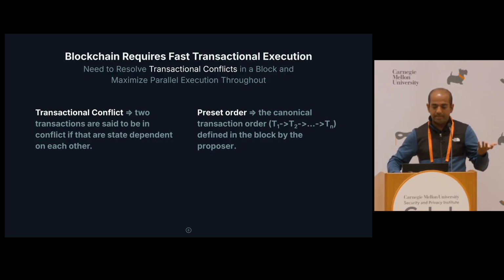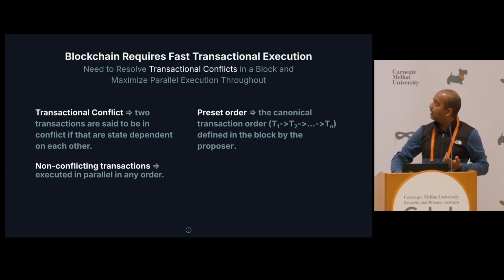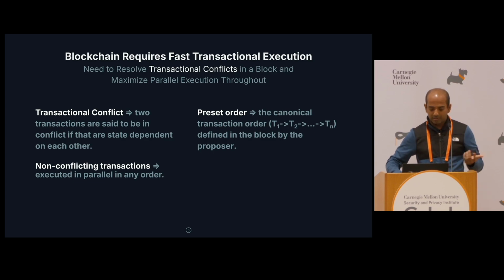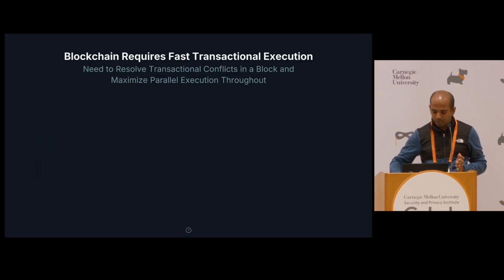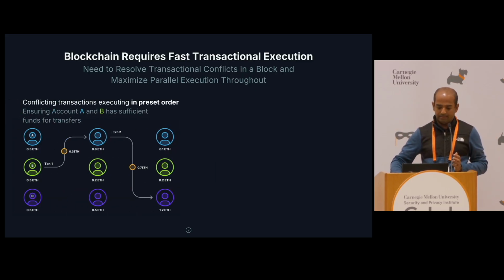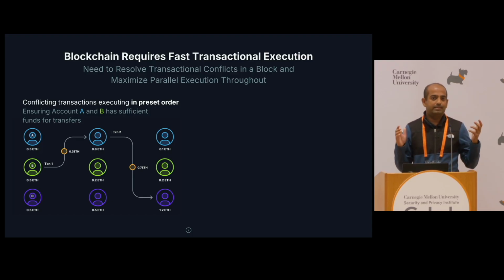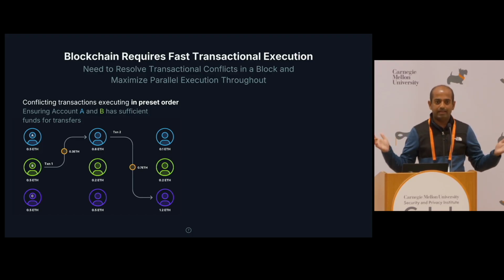Given that this preset order has to be respected, and we are still trying to get the maximum amount of parallelism, how do we do this? This is a very classic problem that manifests itself in classic database theory and classic parallel execution.